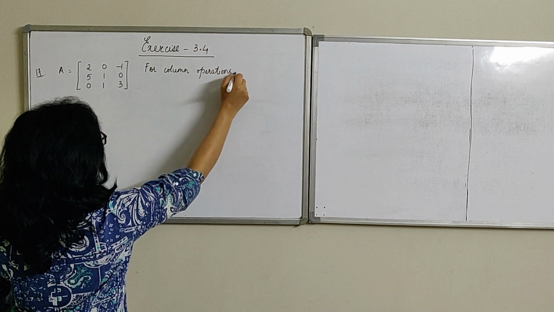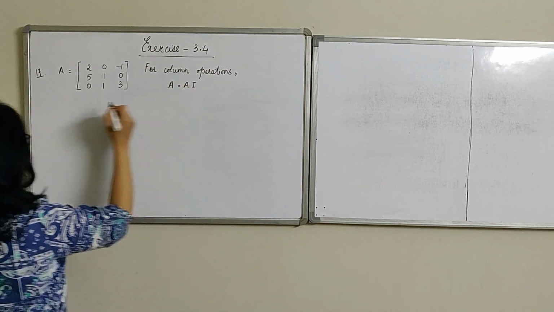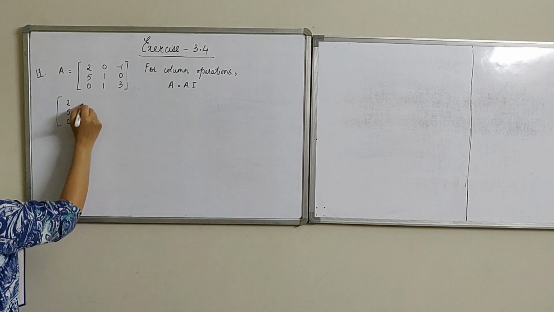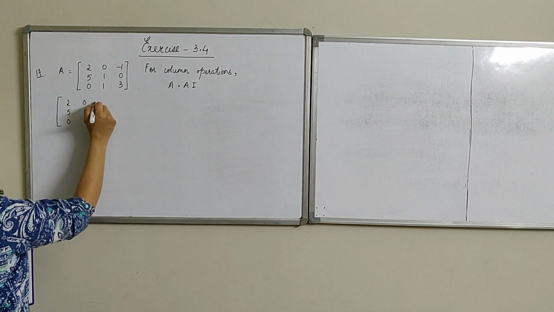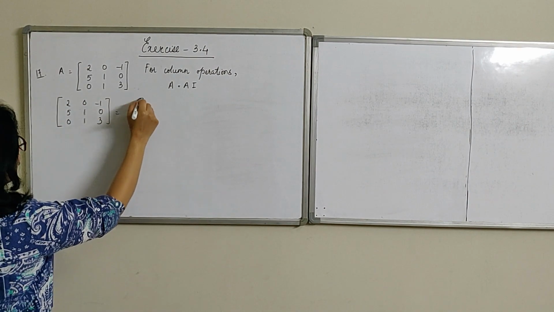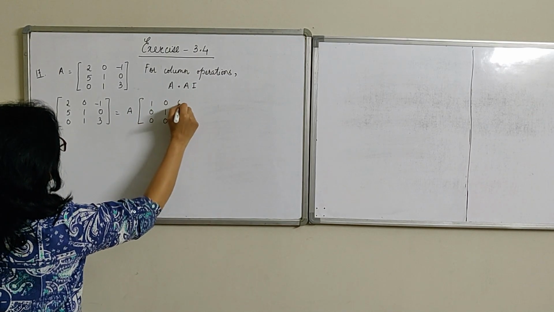For column operations, the matrix equation is this. The matrices are on the right side the identity matrix of same order.